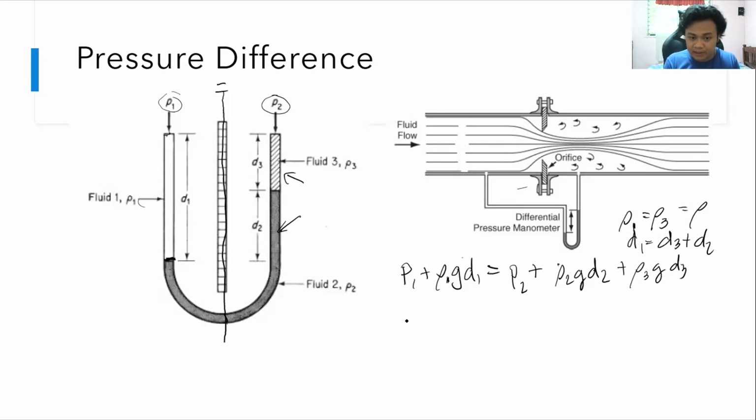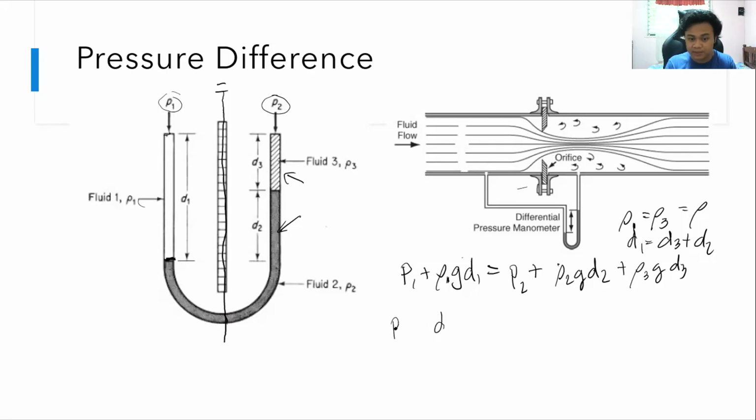So we will move the P2 to the left side and the rho G D1 to the right side, so that we will have the simplification of this formula. We will substitute the D1 first.